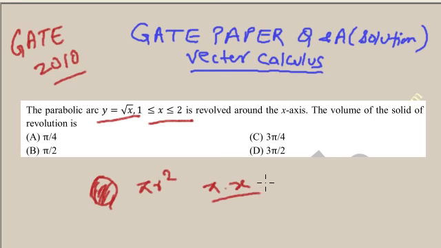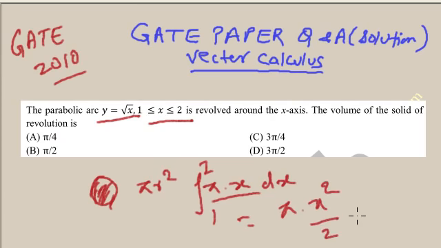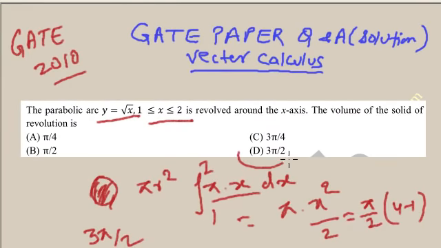You integrate it with respect to x from 1 to 2. So you will get pi x square by 2, and the value is pi by 2 into (4 minus 1). So this is 3 pi by 2. So this is the correct answer.